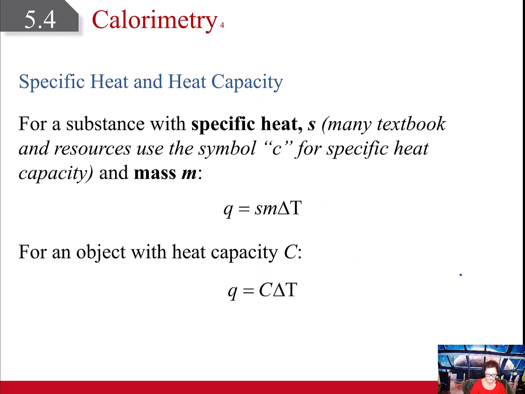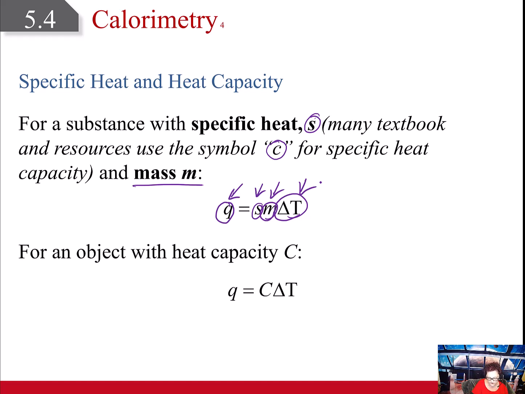If a substance has a specific heat, and you don't memorize specific heats, they're in tables. A lot of them use lowercase c, and that's what I'm used to, so catch me if I do it, sorry. The specific heat capacity times mass times the change in temperature gives you the energy, Q. This is the specific heat, this is the mass, this is the change in temperature.